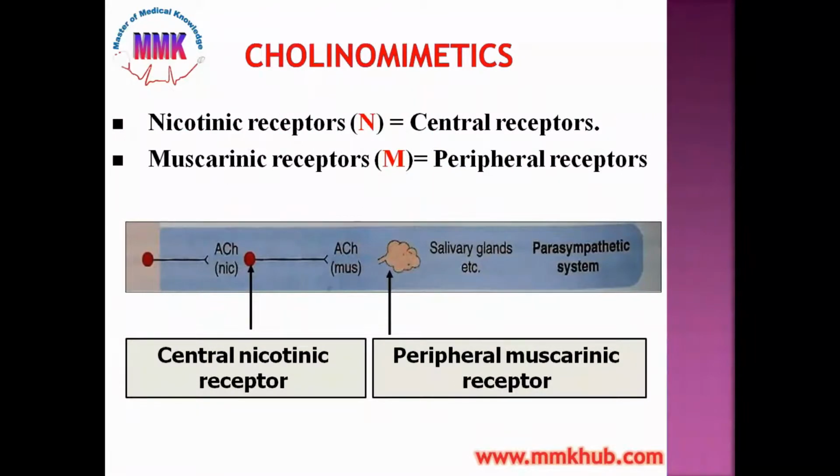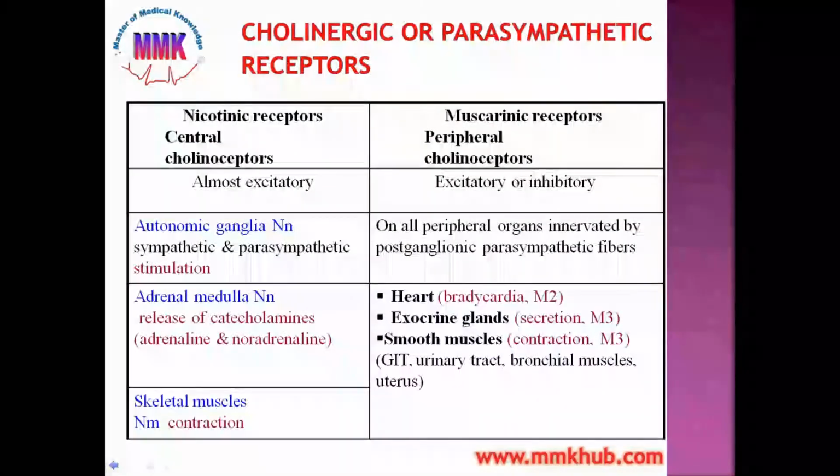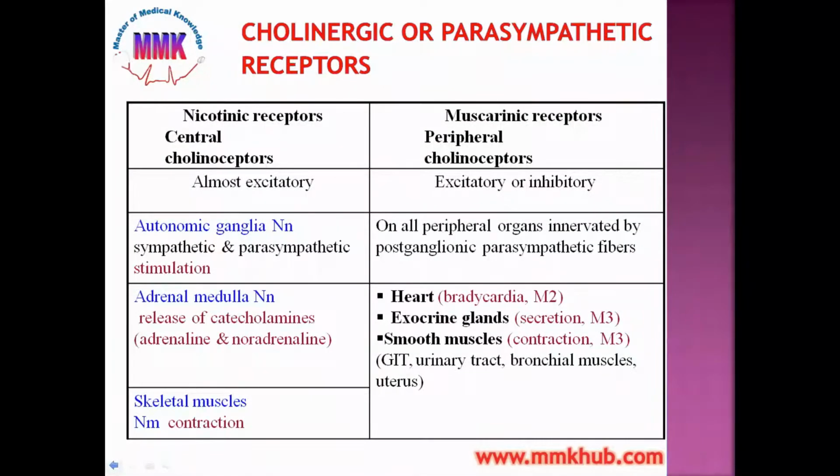Now, over here you can see that nicotinic receptors are mostly present in the nervous system, hence they can be known as central receptors, and muscarinic receptors are mostly present in the smooth muscles or in the peripheral organs, so you can remember them as the peripheral receptors. Okay. Now here we are comparing and contrasting the nicotinic and muscarinic receptors.